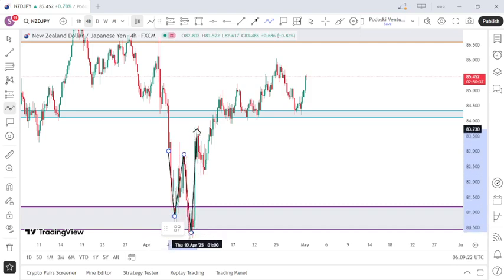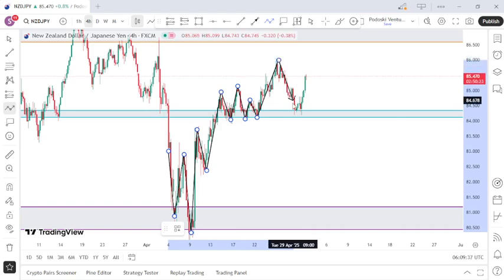Then we went for a lower high, but it couldn't create a lower high, but rather a higher high, then a higher low, a new high, a new low, then an equal high, equal low, a high, an equal low again. It went straight for a higher high, then for a higher low with a double bottom. And we could see the buy momentum coming in on NZDJPY.